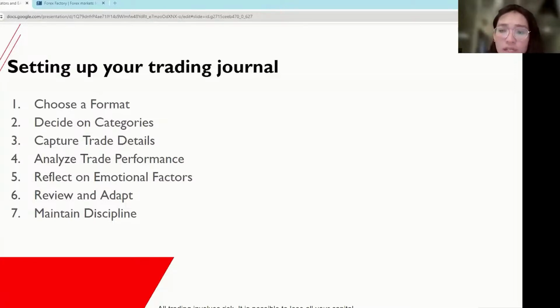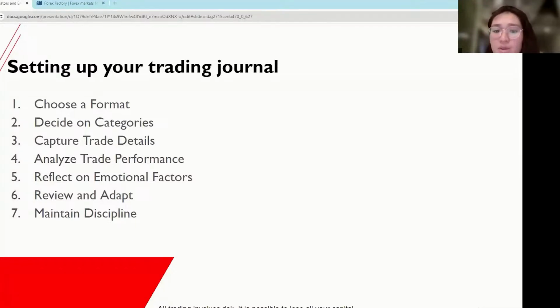So how you would record it would probably be taking note of any emotional biases such as fear, greed, or overconfidence that may have influenced your decision making. So this information will help you to become more aware of your emotions and develop strategies to manage them more effectively.